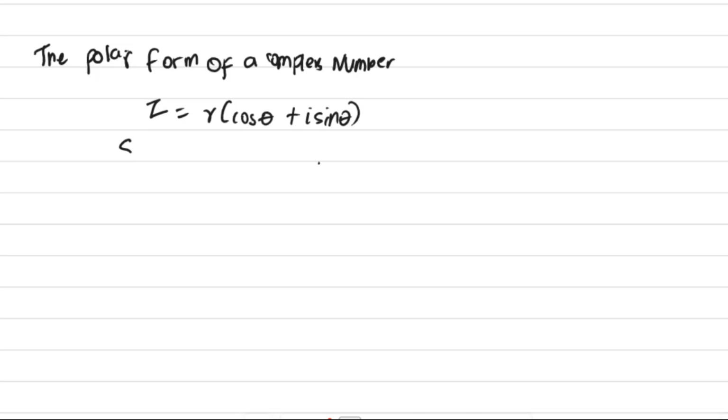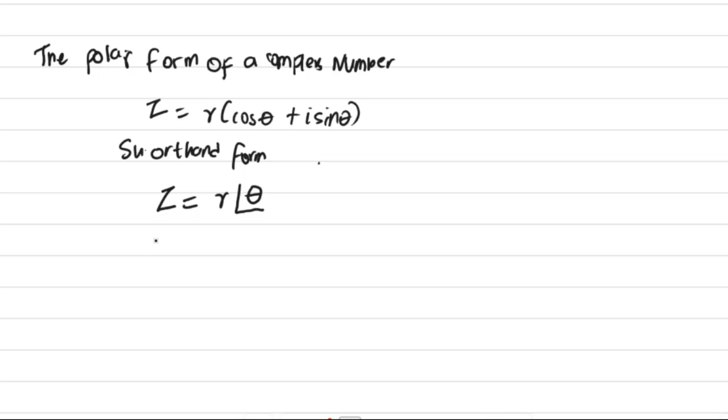Now, the shorthand form is represented as z is equal to r, then we have this symbol, then you have your theta, like an upside down division sign. So this is the shorthand form which you can use to represent this. z is equal to r into cos theta plus i sine theta has the same meaning as this.